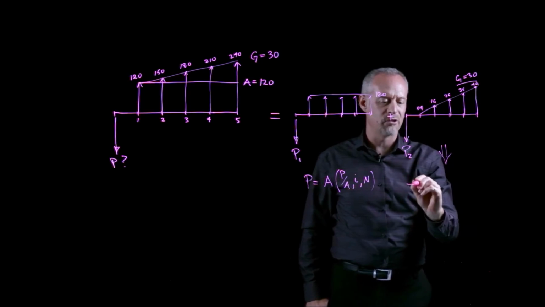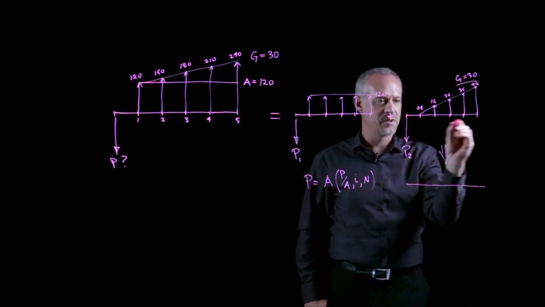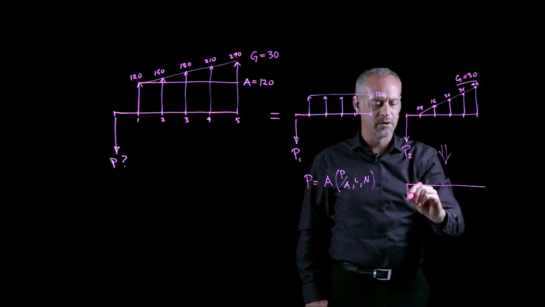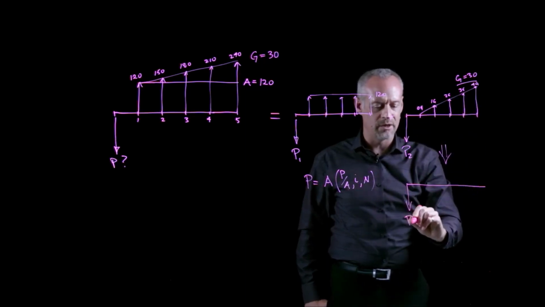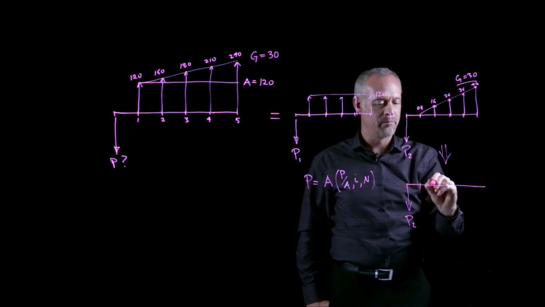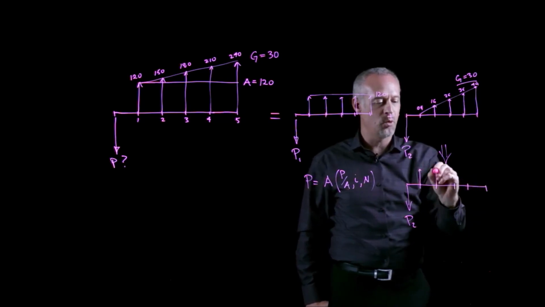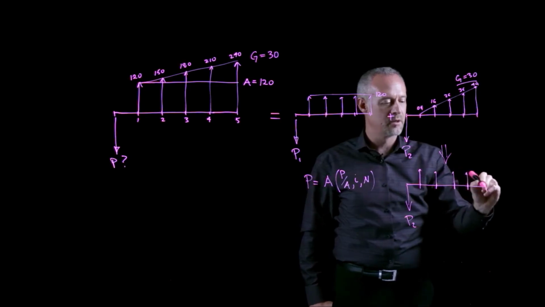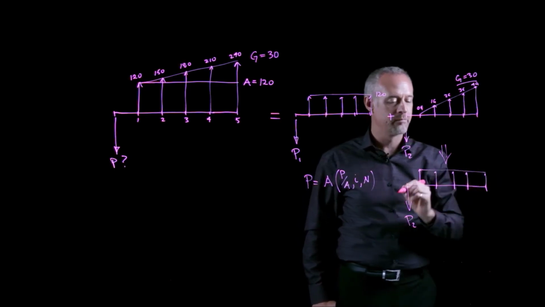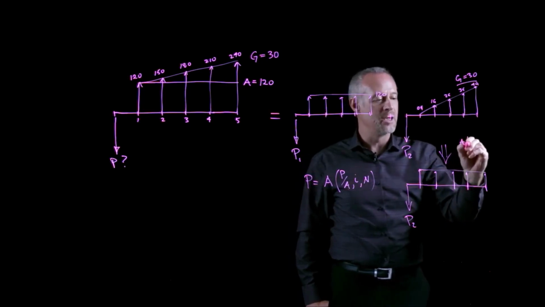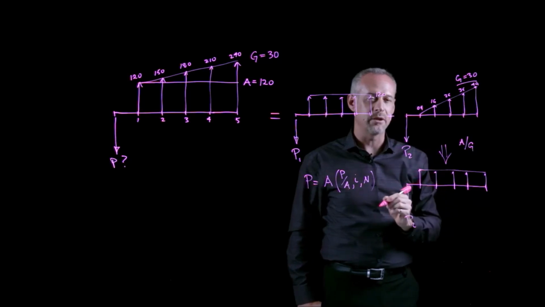Imagine that I take these same dollar amounts and run them through a formula that will convert them into some equivalent constant amount. The way that I do that is with a factor that we call the A given G factor.